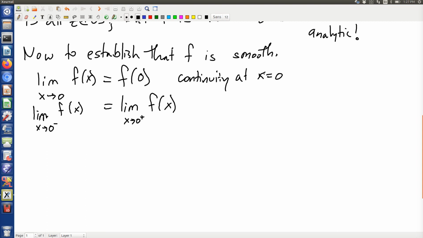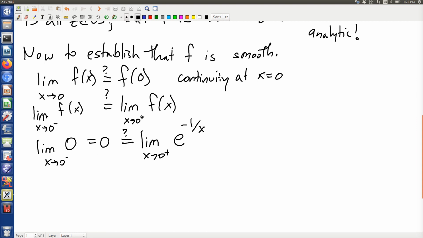Now the limit from the left, this is just the limit of a whole bunch of zeros. So of course that's 0. So we need to show that this thing is equal to the limit as x goes to 0 from the plus side of e to the minus 1 over x.